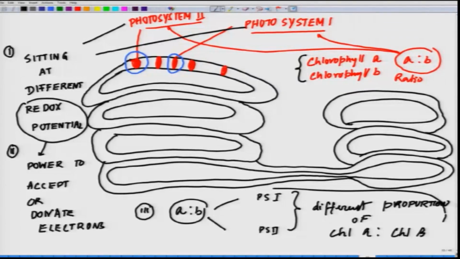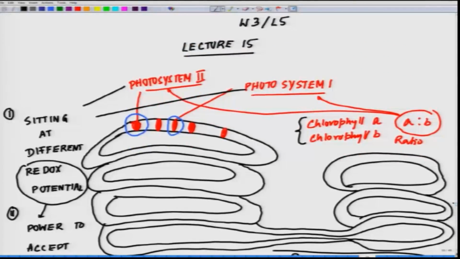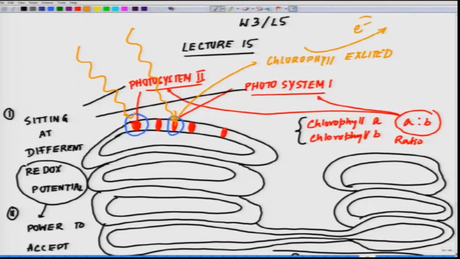Okay. Now, going back a little, when the light falls on these photosystems, both these photosystems, the chlorophyll molecule gets excited, and when the chlorophyll molecule gets excited, it ejects an electron.